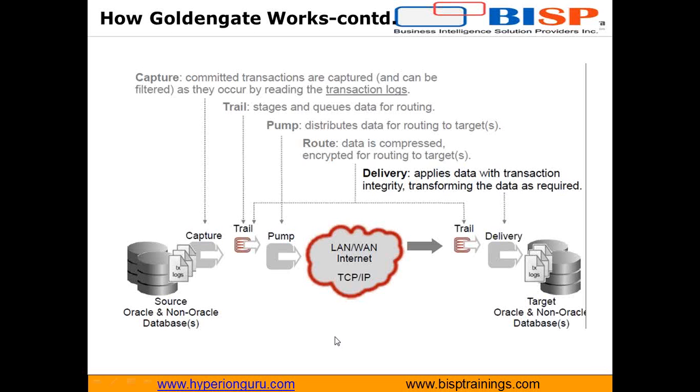There is a source database at which transactions are occurring. There is a target database at which whatever transactions are occurring at the source database have to be replicated. The source database and target database both could be Oracle or non-Oracle. Now there would be a capture process which we would be configuring, which reads the data from your transaction logs.